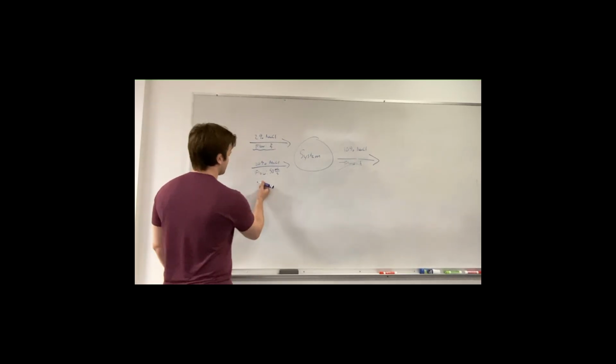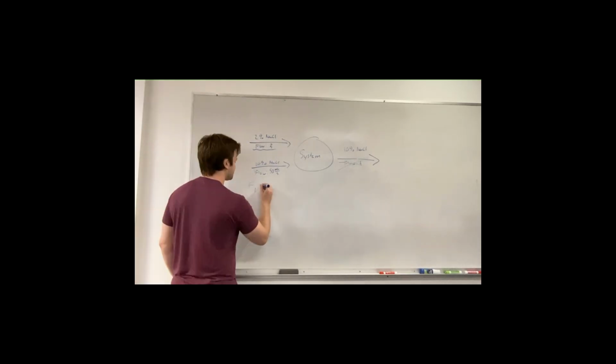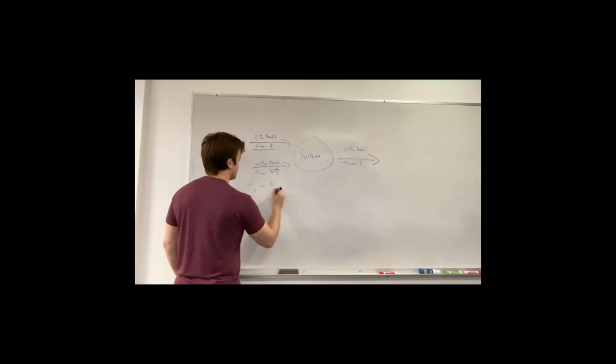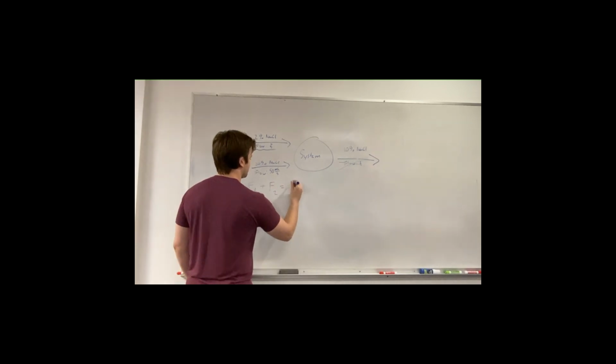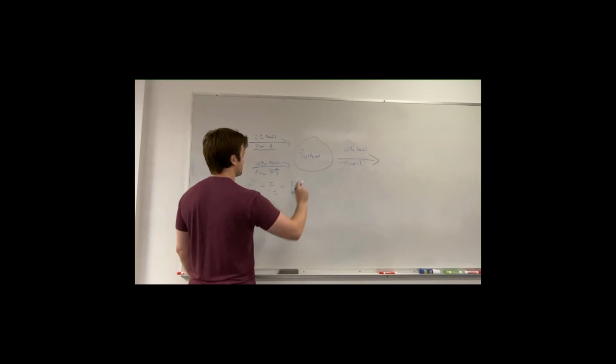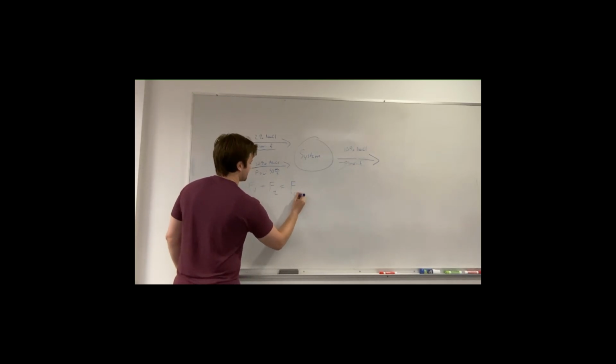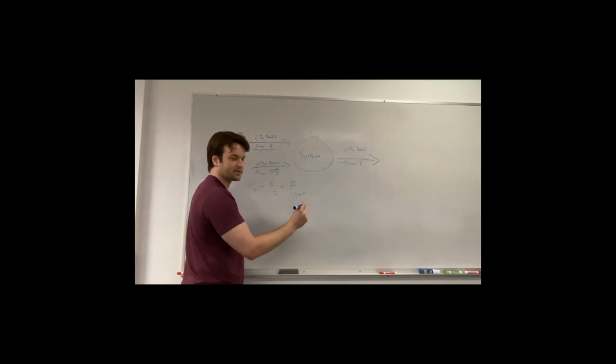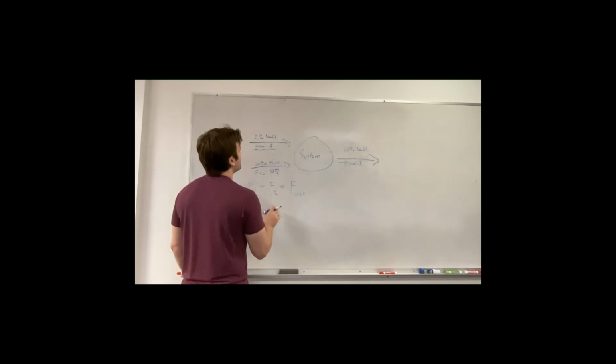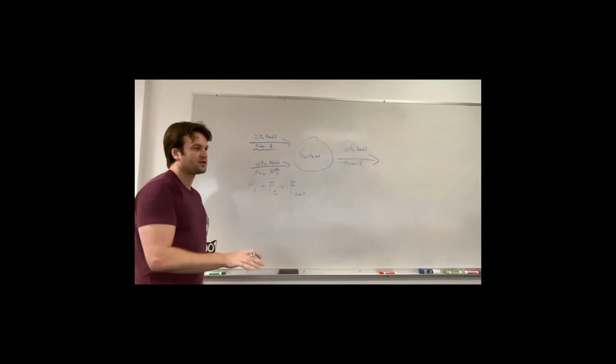The conservation of flow here is just the flow 1 plus the flow of 2 is equal to flow 3, which is the last one. We'll call this flow out to make it easier so there's not so many numbers. And then we're conserving our mass.